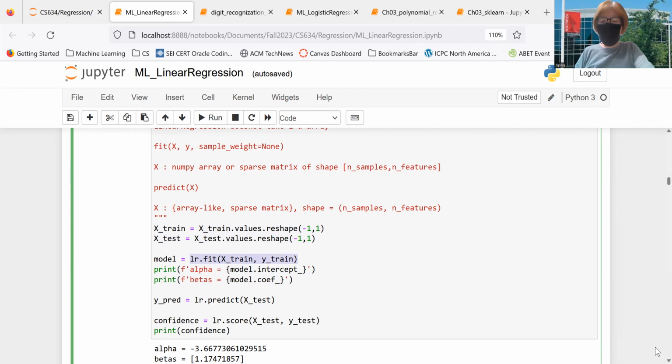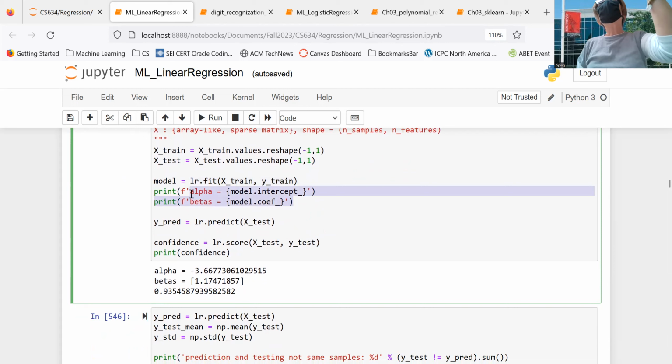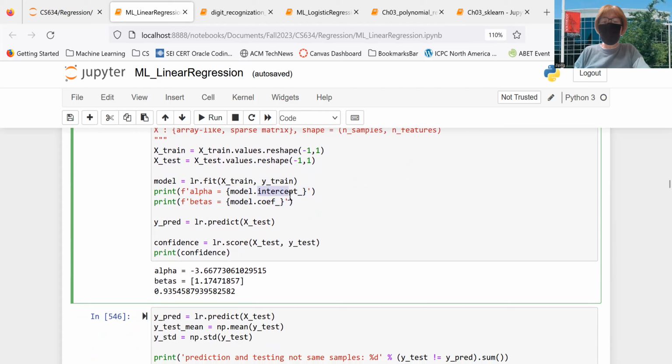After we do that, we feed the data. Because this is linear regression, you want to know what the slope is and what the intercept is, so you can find the slope and the intercept.